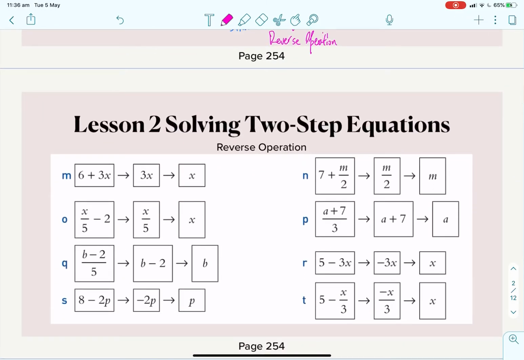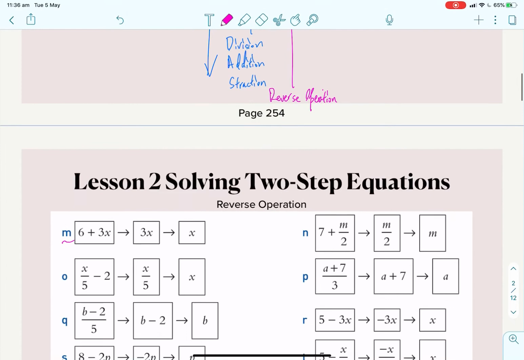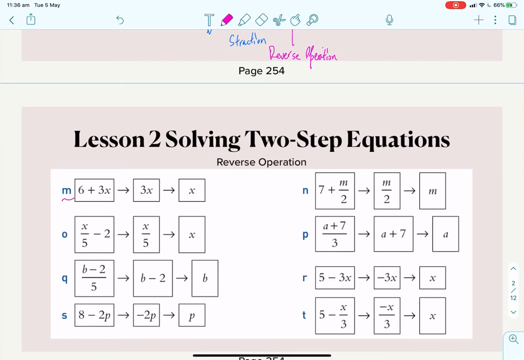Those were slightly easier; these are harder because they come in a different order as well. Let's have a look at 6 plus 3x. Similar to previously, we would minus here, do the opposite of plus 3x. But we want to keep this 3x, so we want to move the thing in front.